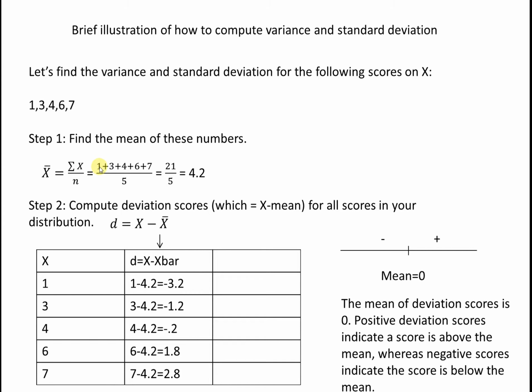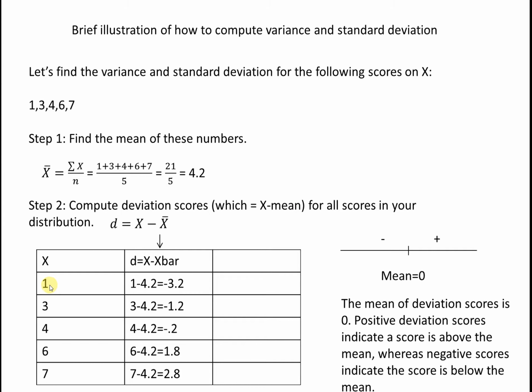So all I've done is the summation operator x in the numerator here, just summing up 1 plus 3 plus 4 plus 6 plus 7. And then we divide that sum by 5, which is our sample size, and that gets us a mean of 4.2.